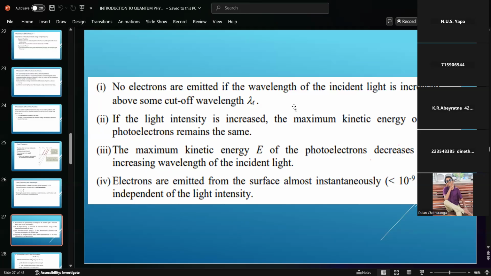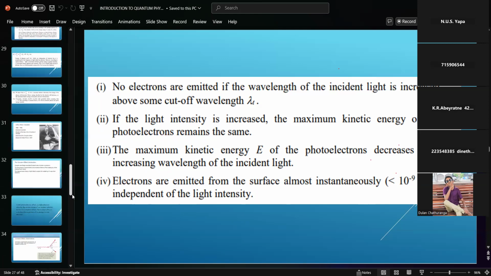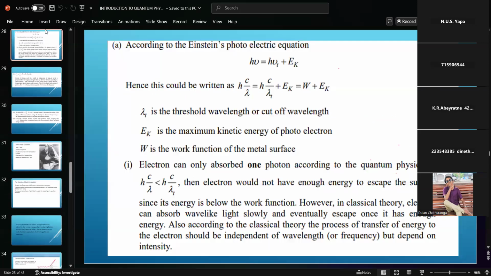But in the classical prediction, they say increasing the intensity can emit electrons. This is different from the classical theory, right? I will explain it in the next slide. Please follow these things.